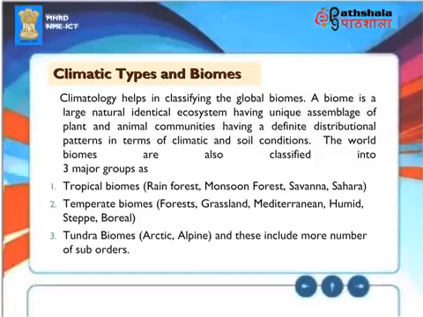The world biomes are also classified into three major groups: tropical biomes, such as rainforest, monsoon forest, savanna, Sahara; temperate biomes, such as forests, grassland, Mediterranean, humid, steppe, boreal; and tundra biomes, Arctic and alpine. These include more suborders.